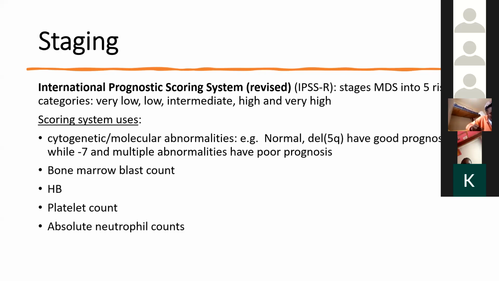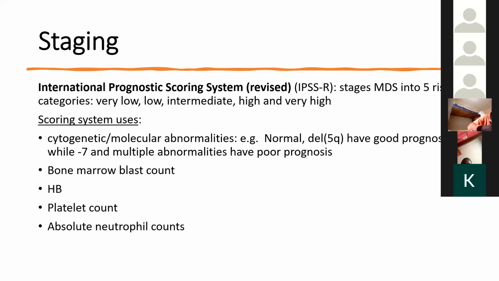This kind of staging is to put your patients into very low, low, intermediate, high, and very high risk. The very high risk patients are those who have marked cytopenias, many cytogenetic abnormalities, a rapidly progressing disease, and very high chances of transforming to acute myeloid leukemia.